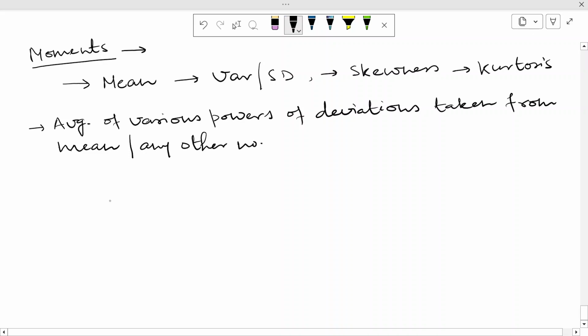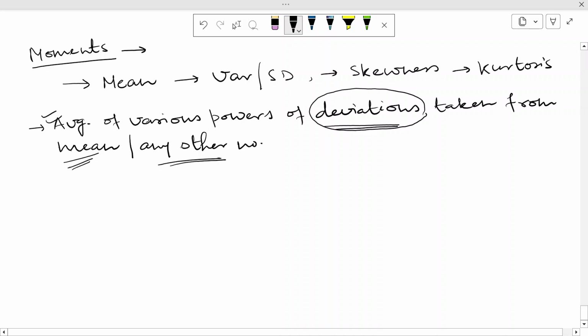So from this definition we can infer that in order to calculate the moments we have to find out the deviations. It is very important that we are looking for deviations from either the mean or some number.